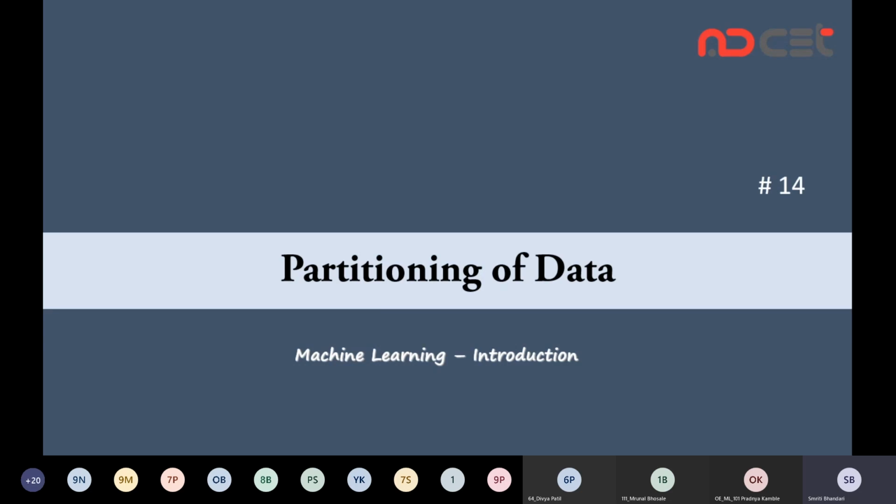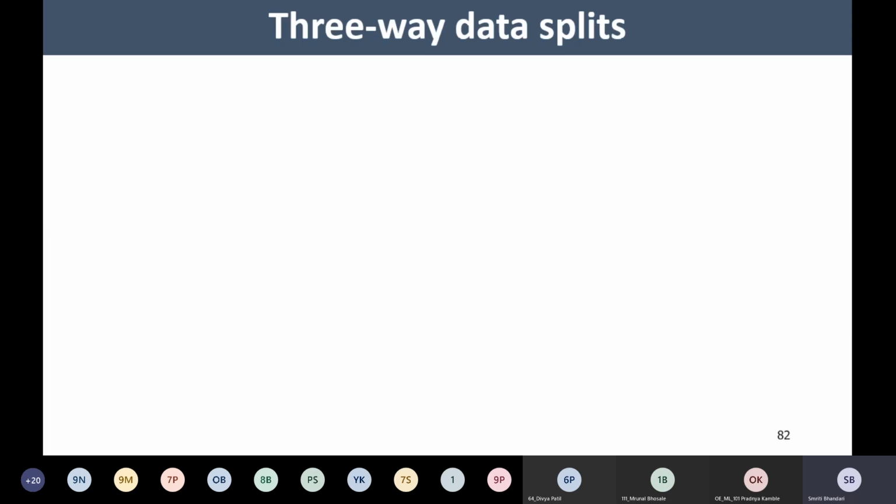So I hope you must have understood all those methods and how we partition the data and how we make use of that data for machine learning algorithms. So today we are going to focus upon one more such technique, and that is three-way data splits.